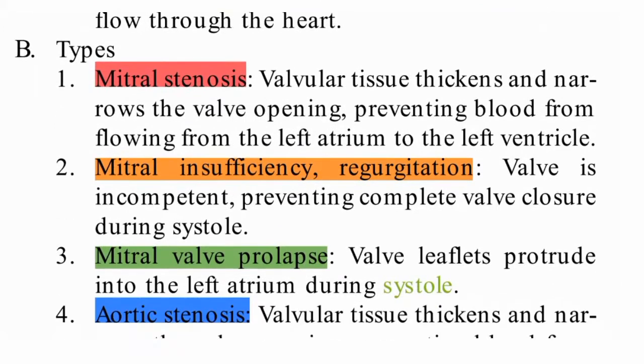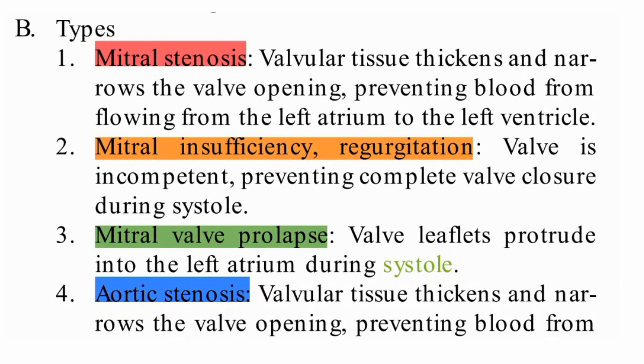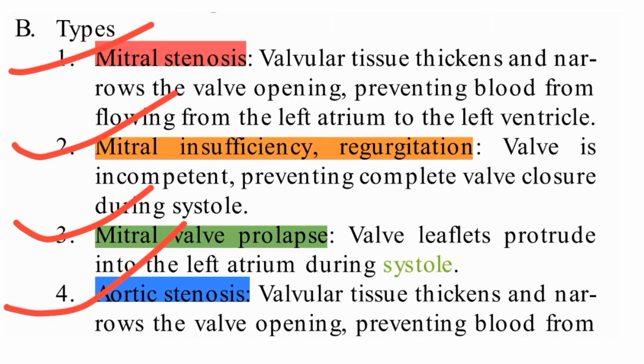So what are the types of valvular heart disease? It can be mitral stenosis, mitral insufficiency or regurgitation, mitral valve prolapse, aortic stenosis, and aortic insufficiency.